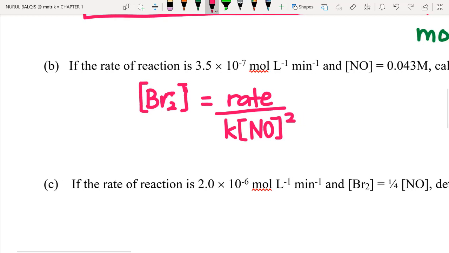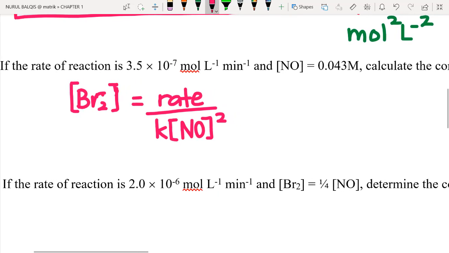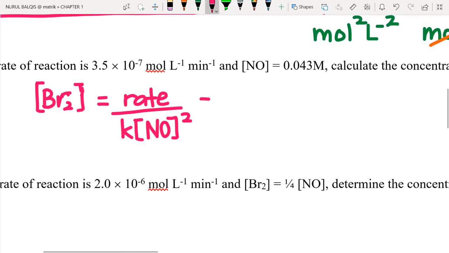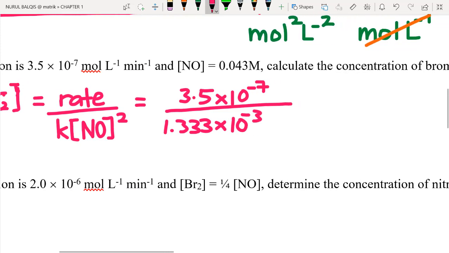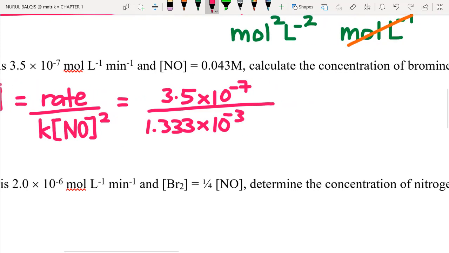Once we substitute the values, our rate is 3.5 × 10^-7, divided by 1.333 × 10^-3, and our NO concentration is 0.043.